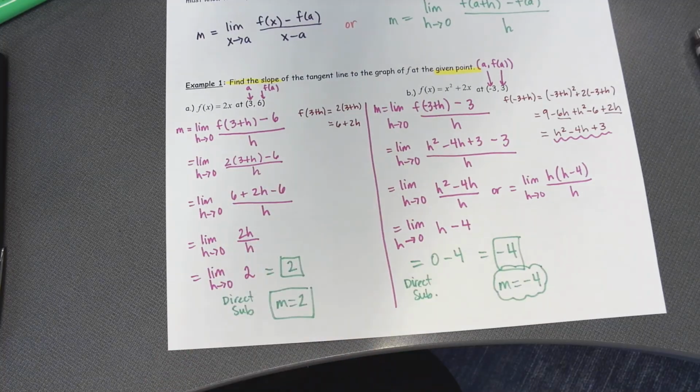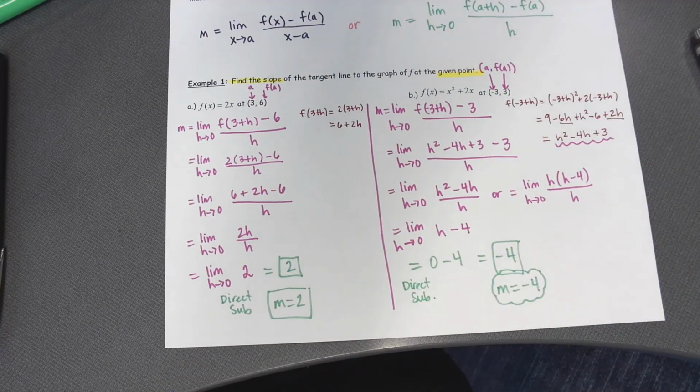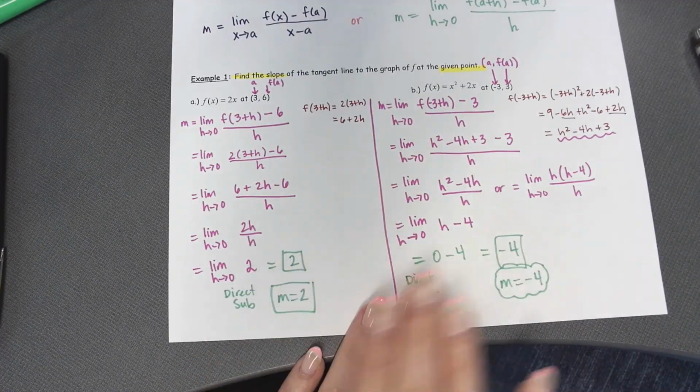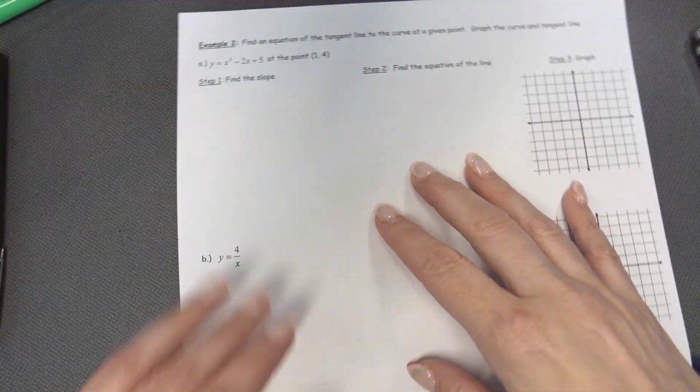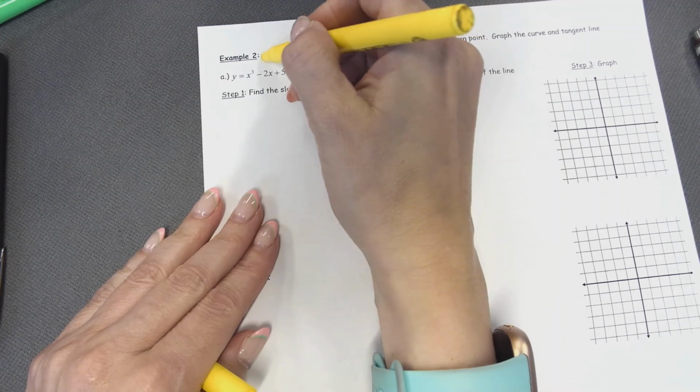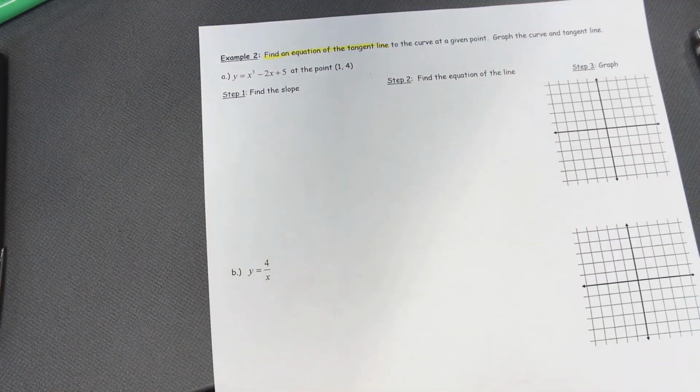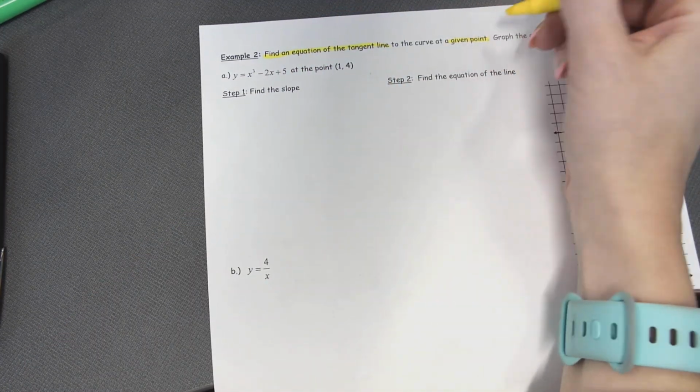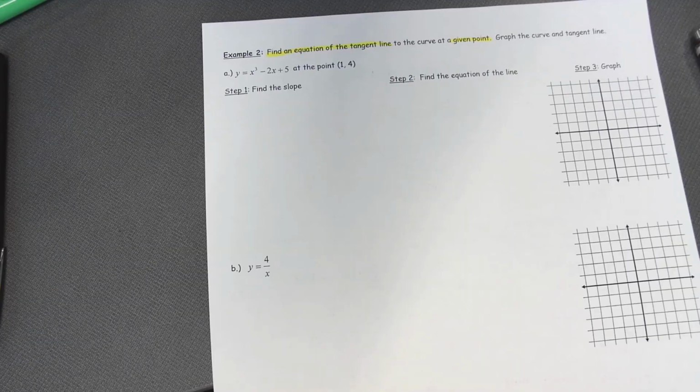Okay, so in our next example, here we were just finding the slope of the tangent line. This one asks us to find the equation of the tangent line. Okay, and you're going to be given a point, and then you're going to graph the curve and the tangent line.